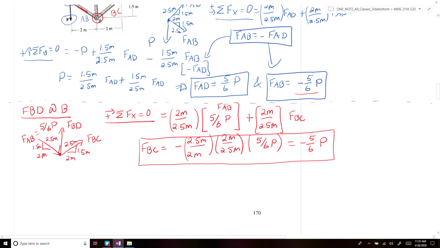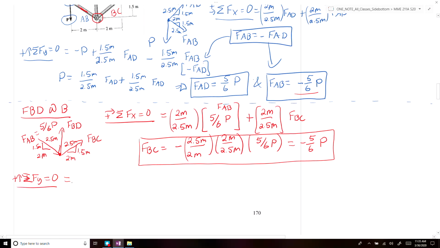So then for FBD, to solve for FBD, we need to sum all the forces in the y direction and set that equal to 0.